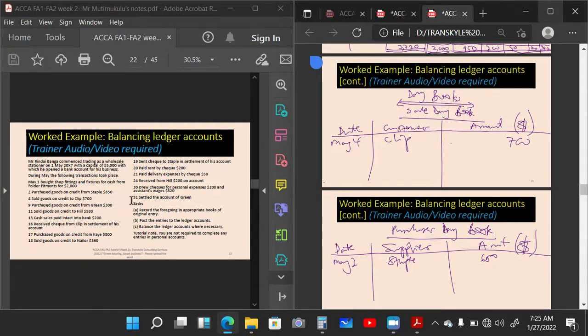Purchased goods on credit from Green on May 9. This apostrophe stands for same as, and May stands for May. So May 9, purchased goods on credit from Green, we write Green here, 300.